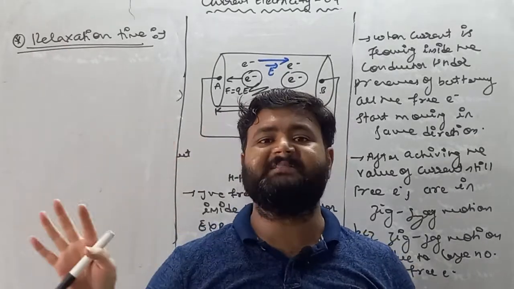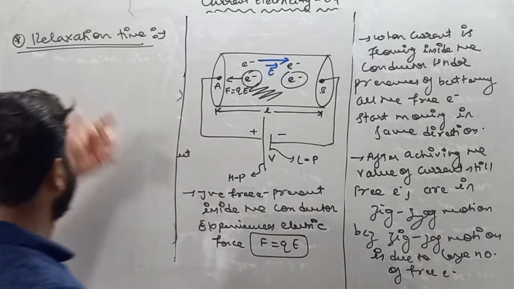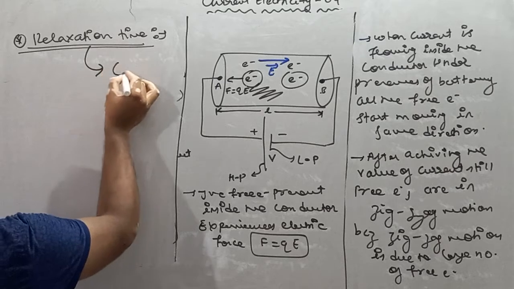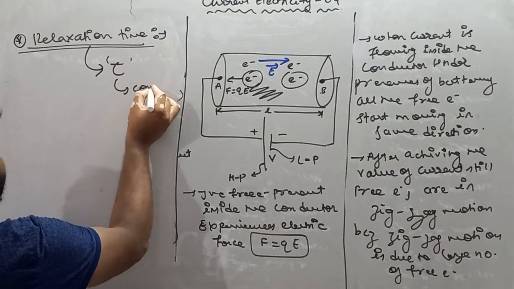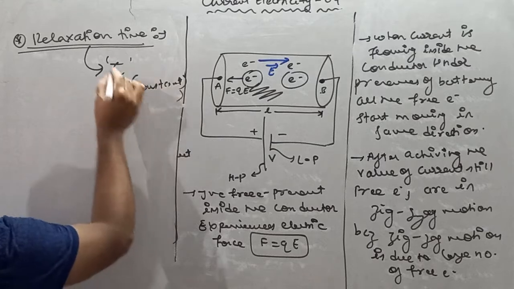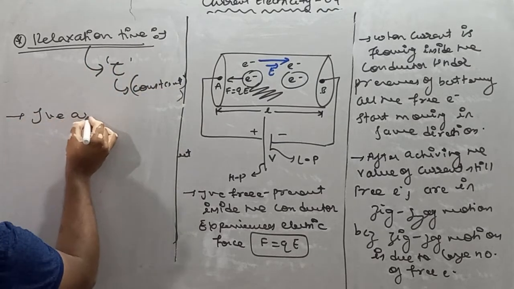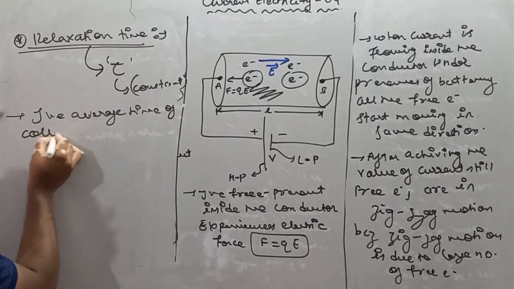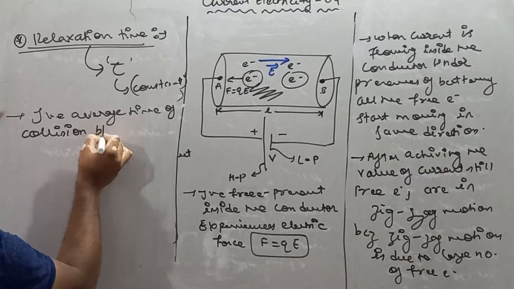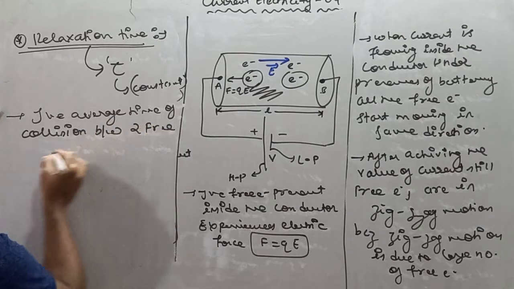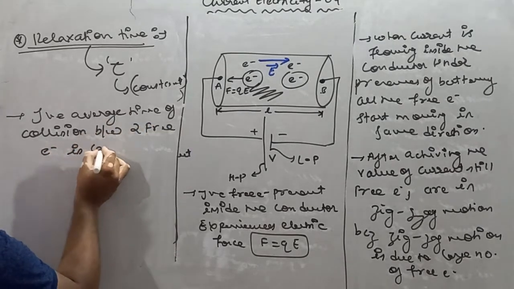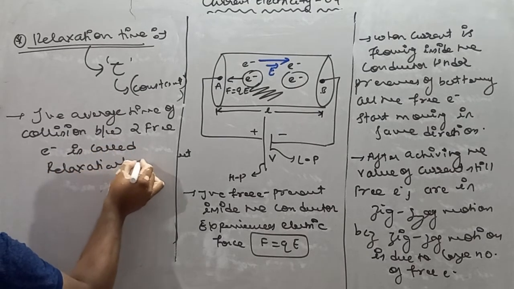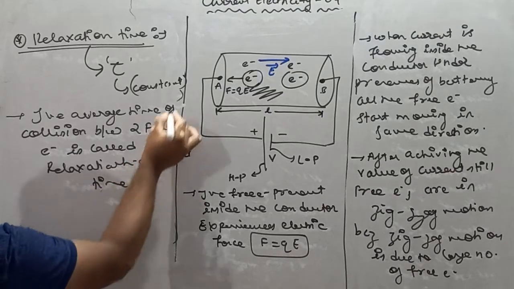To avoid this, we'll consider an average time. This average time is called relaxation time, and this time is represented by tau, and we'll consider this time to be constant. We'll write: the average time of collision between two free electrons is called relaxation time, my dear student. Remember this thing.